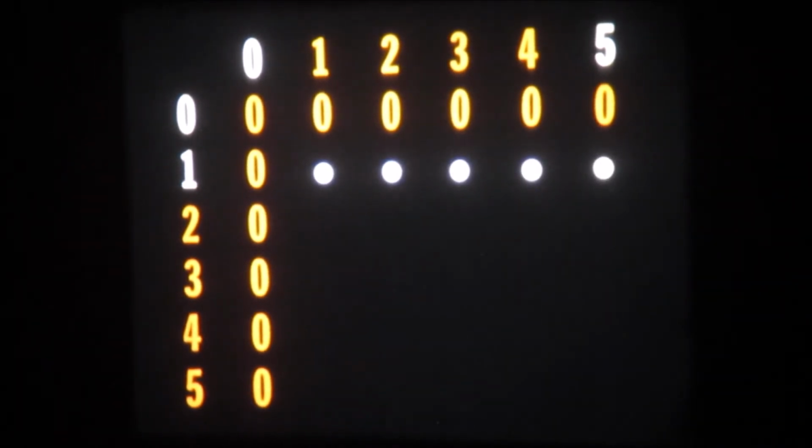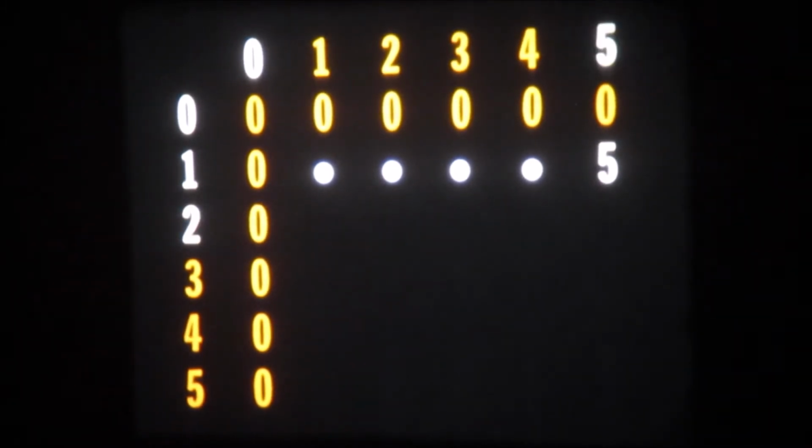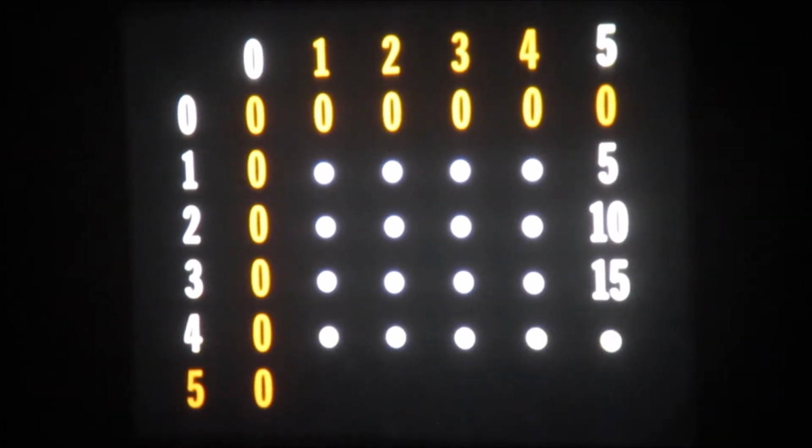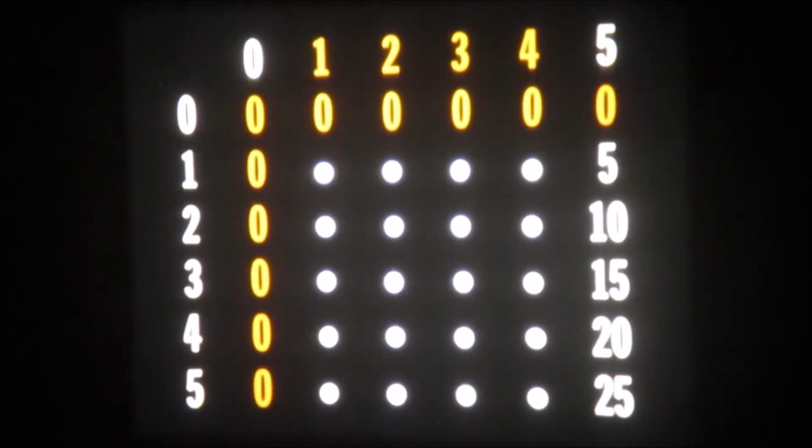What is it? What's 2 times 5? 3 times 5. 4 times 5. 5 times 5. And if 4 times 5 is 20, then 5 times 4 will also be 20.